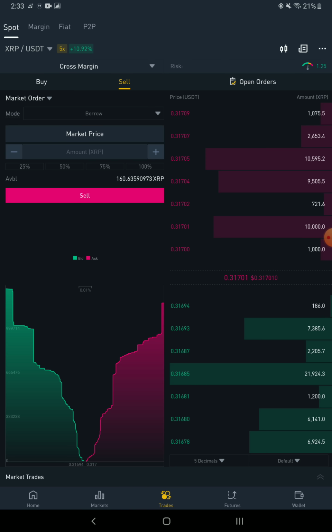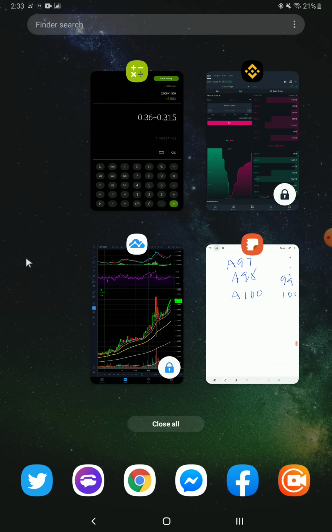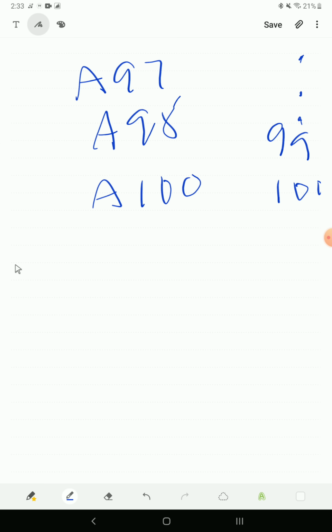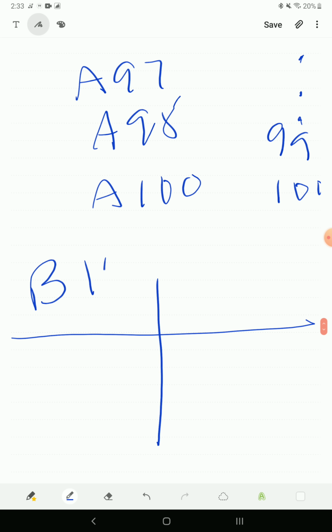So now we're going to look at it like this. All of a sudden there's a flash crash, and you've got a limit order. There are two sides: the bidding side and the ask side. And the price ends up going really low.